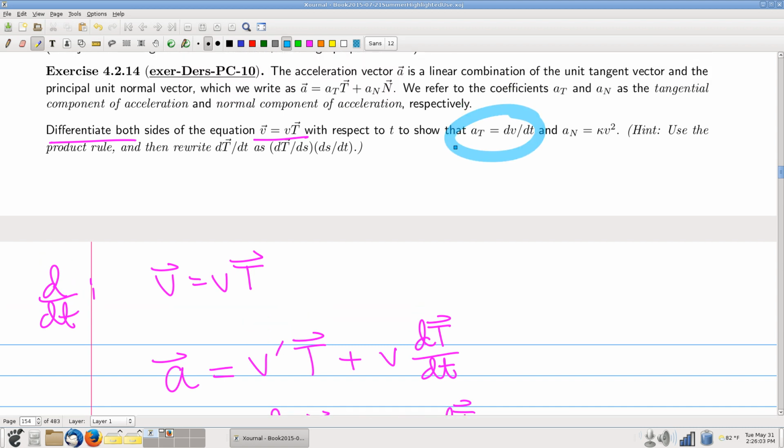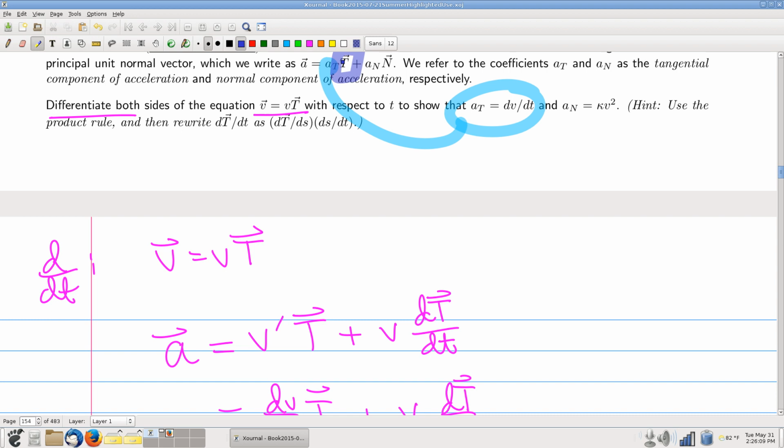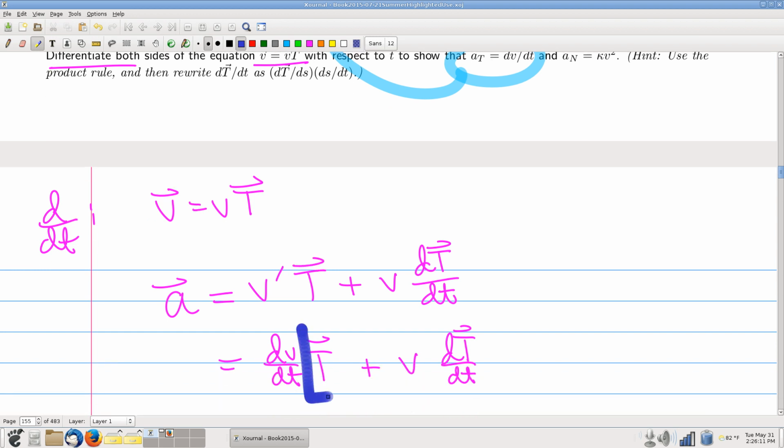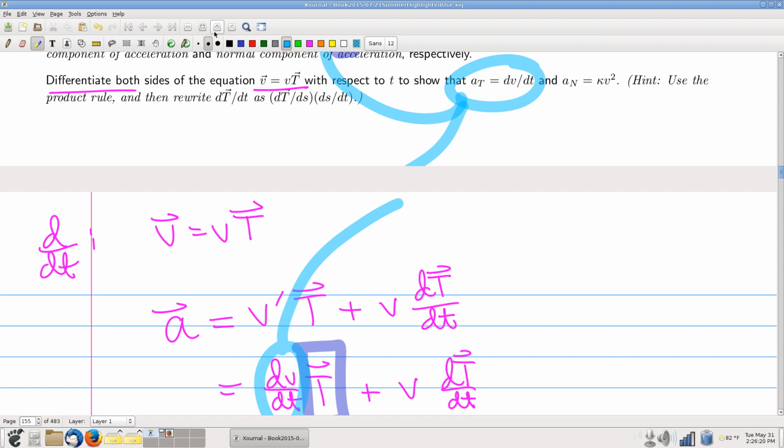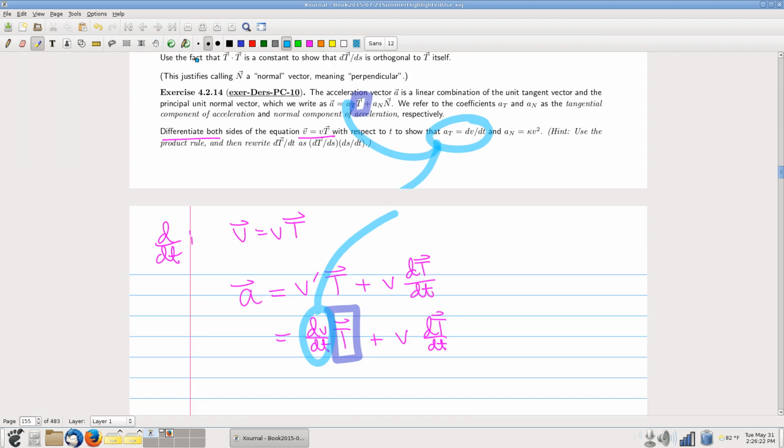The tangential component is the thing that you multiply by the t vector. Well, sure enough, look at this. Here's the t vector, and as desired, now we're not done yet, but that has shown up as the thing that you multiply it by. I can't quite get this all on the screen. There we go. So it's looking good so far, right? Pretty good.